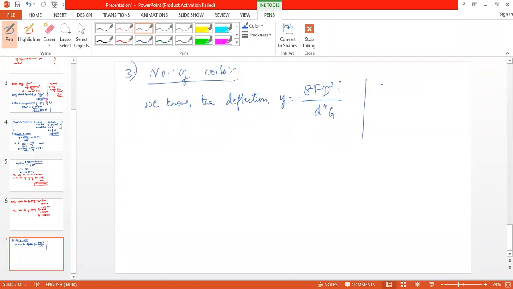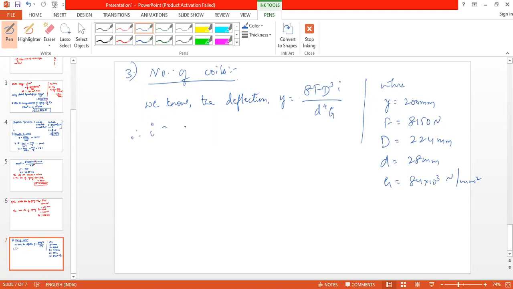Where y is 200 mm, f is 8150 Newton, D is 224 mm, small d is 28 mm, and g is 84 into 10 power 3 Newton per mm square. So I is equal to y d to the power of 4 g divided by 8f D cube.